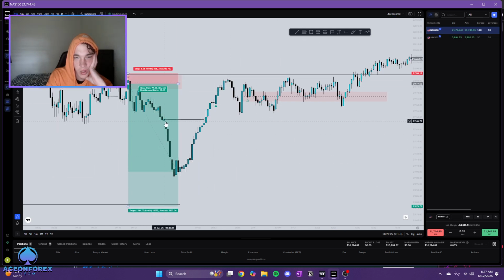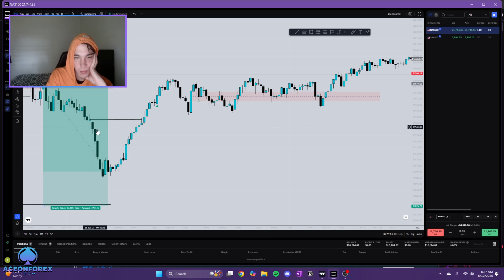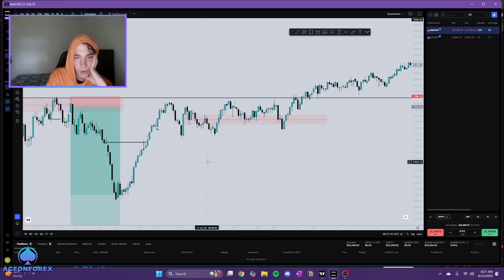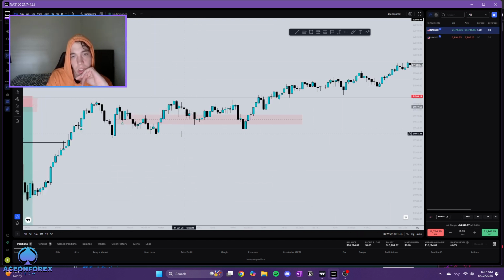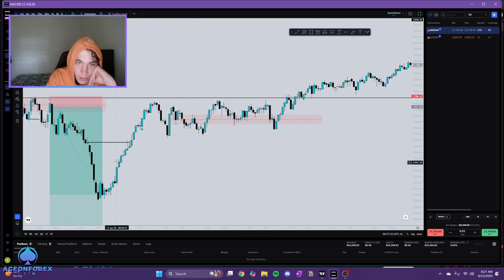Because this is a bullish candle closed below. Wicked up, so made a new swing low. And now we close above. Now we're trading higher. Still letting price print.